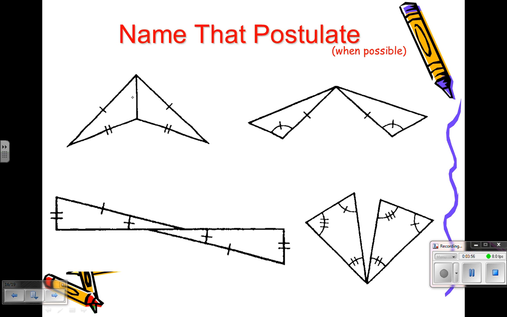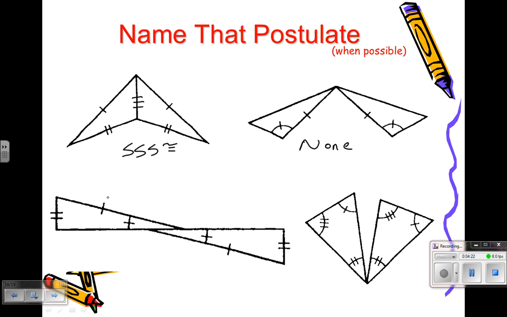Okay, on this first triangle, we can draw on the lines because this side will be congruent to itself in both triangles. So you have S, S, and S. SSS congruence. On this triangle, you have angle to angle, side to side, and I don't see anything else. So I'm going to write none on that one because you don't have any other angles or sides that are congruent.